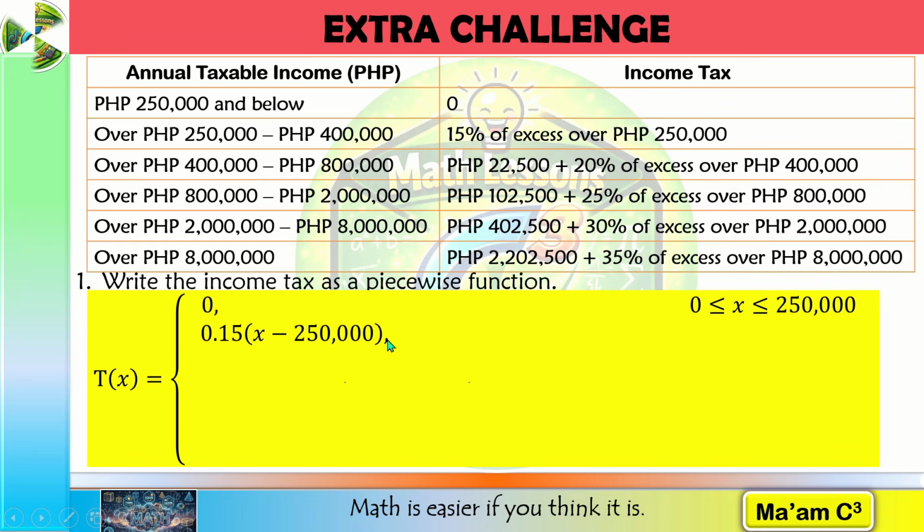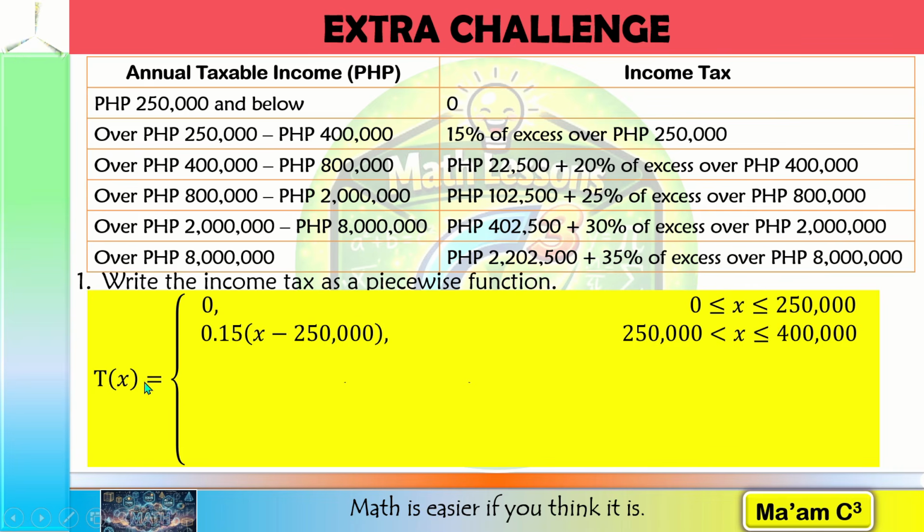So over 250,000, we're going to get the 15% of that. The income is between 250,000 and 400,000. So x is less than or equal to 400,000 but greater than 250,000 because there is the word over here. And also, we already have the equal sign here at 250,000. So this must not be or equal to.